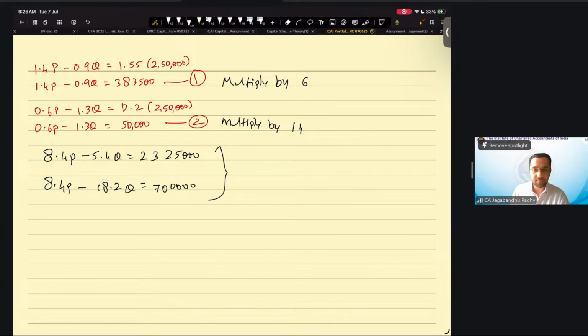And when you solve them simultaneously, what are the values for P and Q, guys?